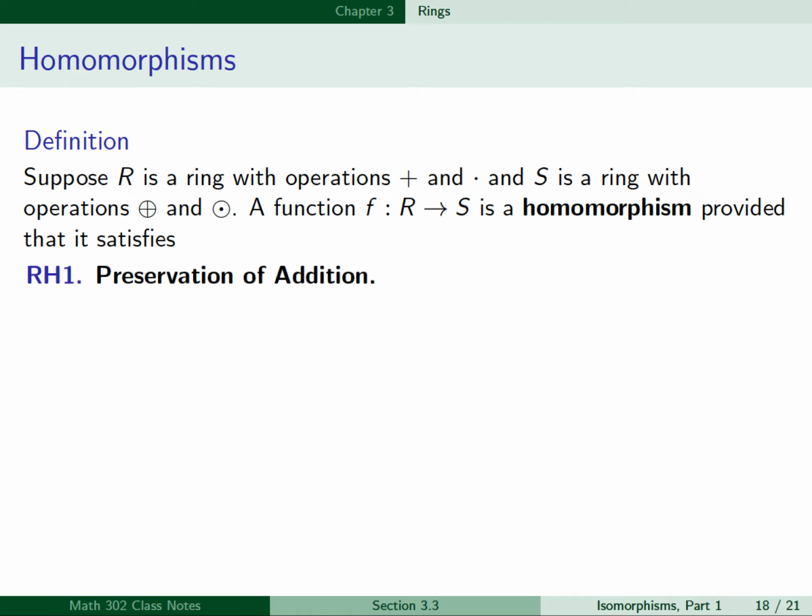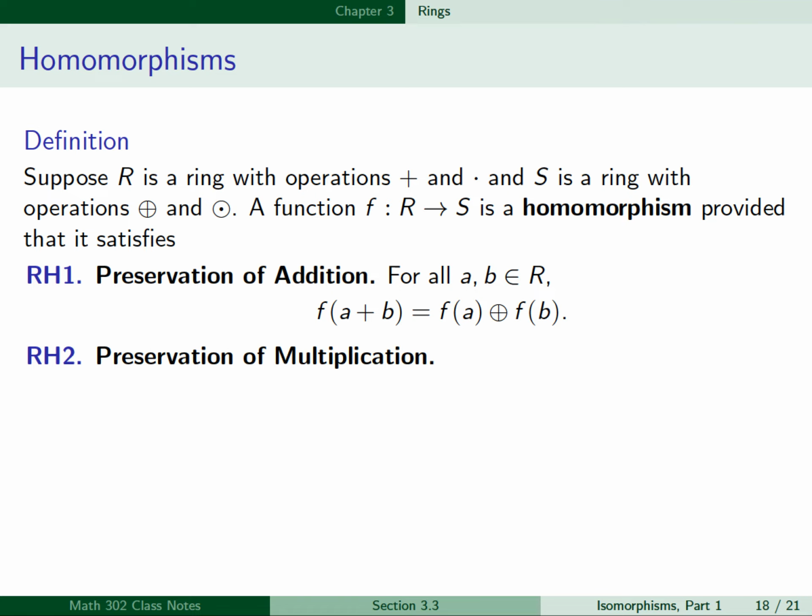The first, we'll denote it Rh1 for ring homomorphism 1, is preservation of addition. And this says for all elements a and b in R, f(a + b) is equal to f(a) circle plus f(b). And the second property is Rh2, preservation of multiplication, which states for all a, b in R, f(a · b) equals f(a) circle dot f(b).